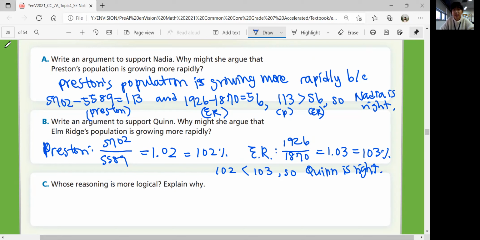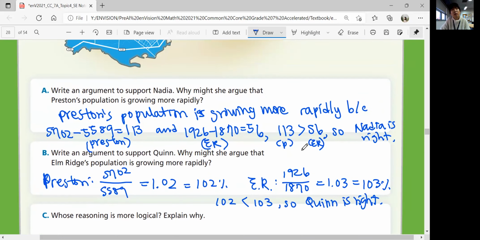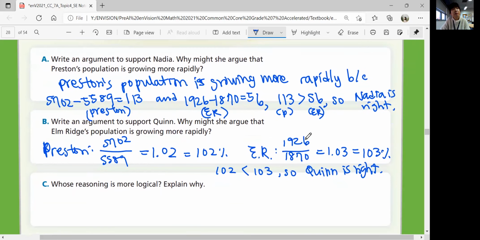So whose reasoning is more logical? What do you think? Which one is more logical? Is it fair to just compare how many people have increased? Or is it more fair to compare the percentage of increase? Well, you can argue for both, but please explain with a good reasoning.